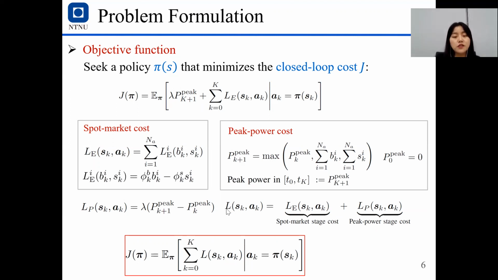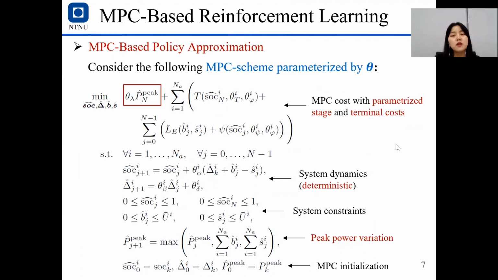So now our RL stage cost is defined as two parts: the spot market stage cost and the peak power stage cost. And this is our standard RL formulation. So we want to find the policy pi to reduce this J, which consists of both spot market cost and peak cost. Now let's talk about our MPC-based reinforcement learning approach.